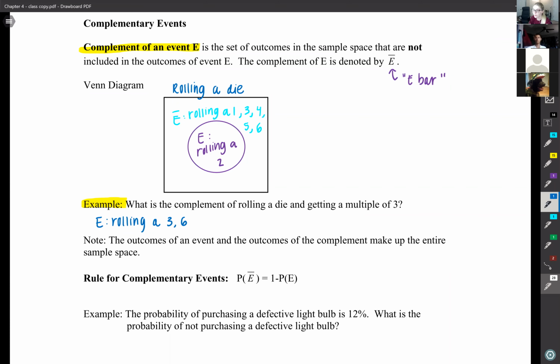Well, E complement would be everything that's not a 3 or a 6. So E bar would be rolling a 1, 2, 4, or 5. Everything that's not E. And you'll see below why this is helpful when we calculate probabilities.